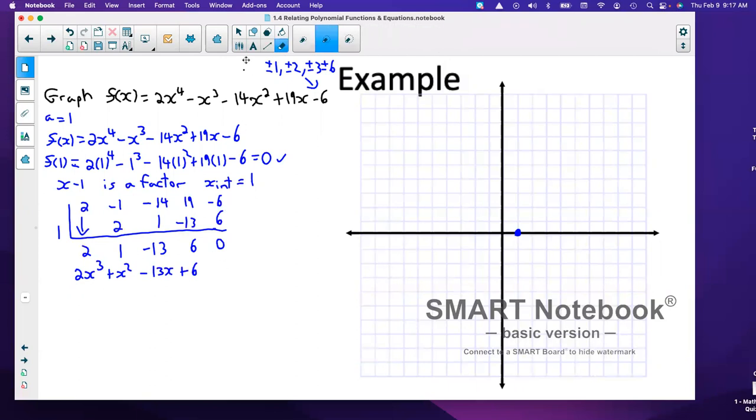So we are now going to factor this. So this has the same a values as we had here. So sometimes factors repeat. So I'm going to try a is equal to 1 again. So if I'm using a is equal to 1, that gives me 2 times 1 cubed plus 1 squared minus 13 times 1 plus 6.